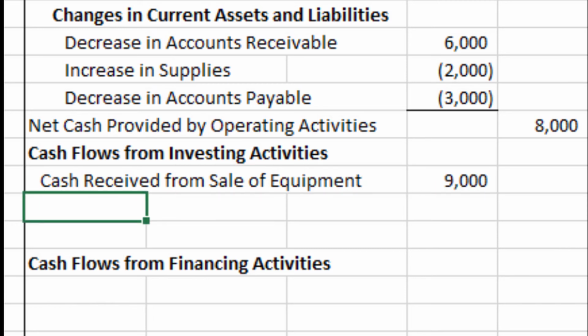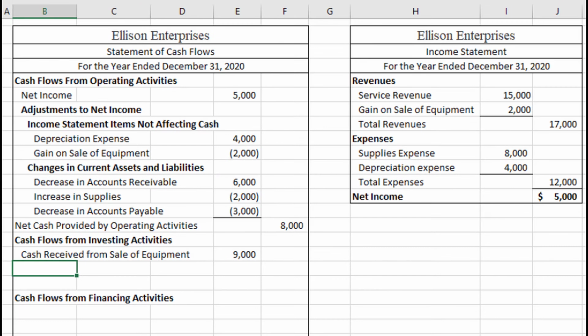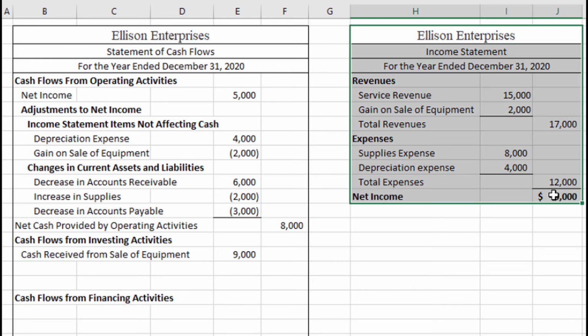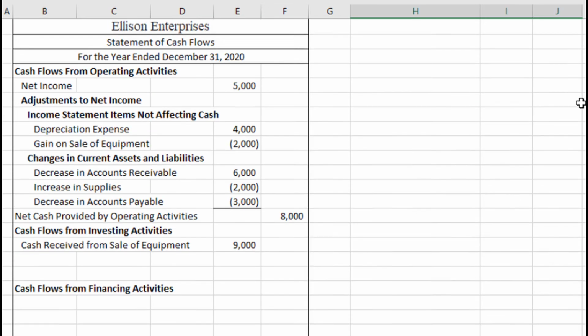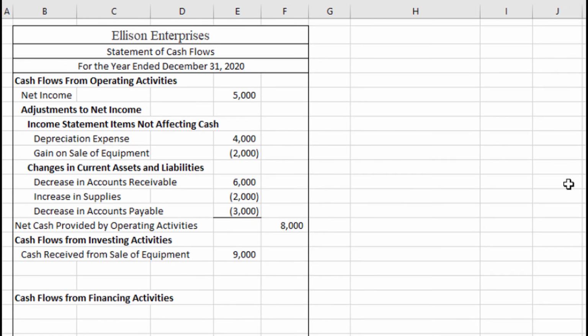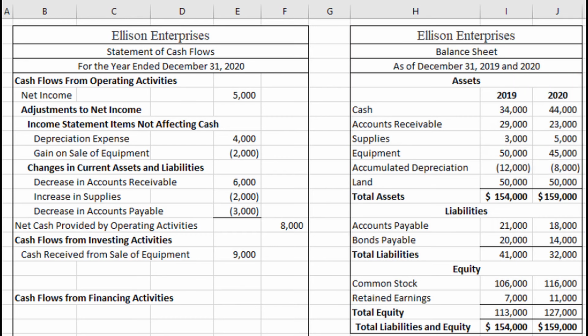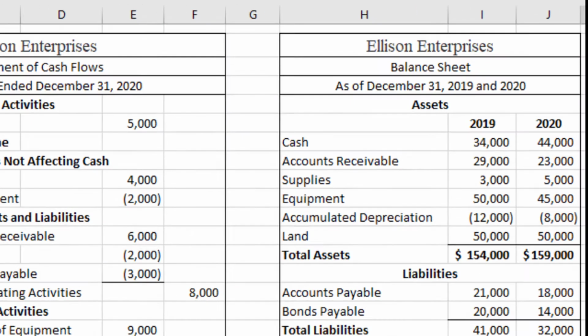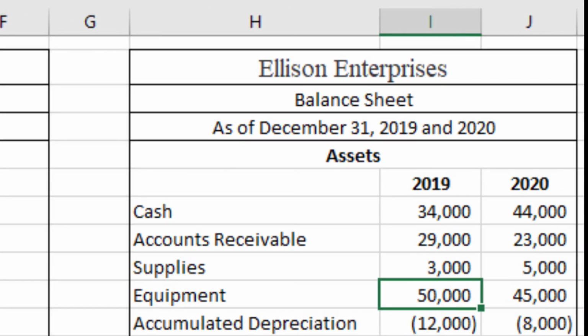Alright, the next few transactions are going to require me to use the balance sheet. So I'm just going to move the income statement down here and grab the balance sheet. So that's going to be a little bit easier for us to see everything. Now before I even give you the next piece of additional information, I want you to notice something about the equipment account here. Based on the last transaction, we had $15,000 worth of equipment which was sold.